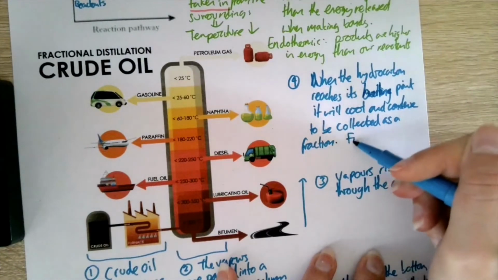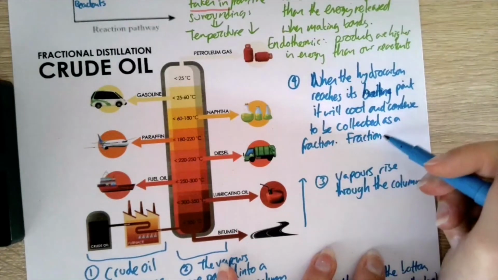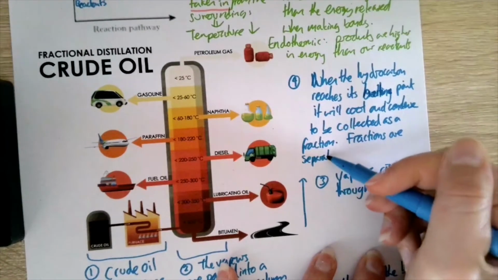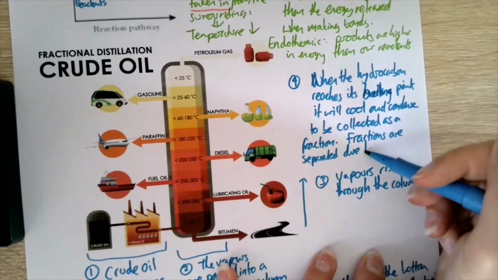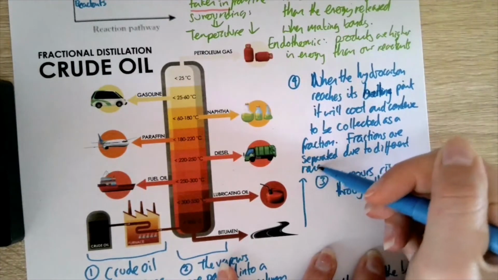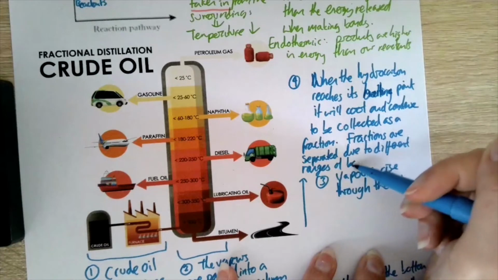And simply saying our fractions are separated due to different ranges of boiling points.